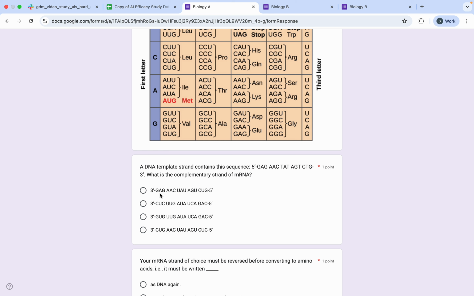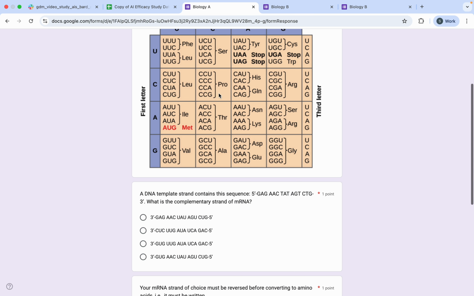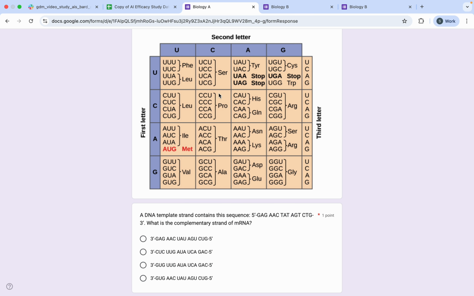So it is GAG AAC UAU AGU CUG 5'. No, that cannot be the right one. 3' CUC, UUG, AUA, UCA, GAC. Yes, so this can be a right one.